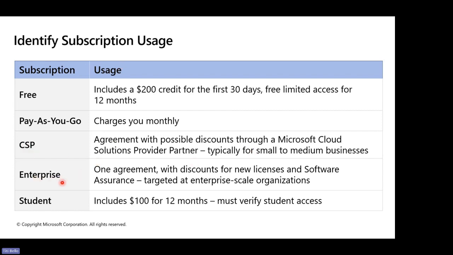Then you have the enterprise. With the enterprise, the customers are paying directly to Microsoft themselves. Though there's a partner in between, Microsoft is interfacing directly with these enterprise customers. So there's an agreement between the customer and Microsoft.